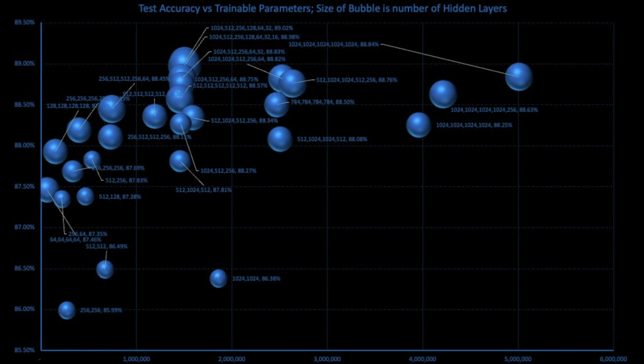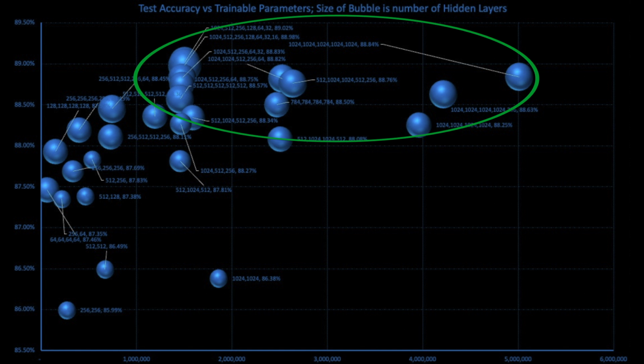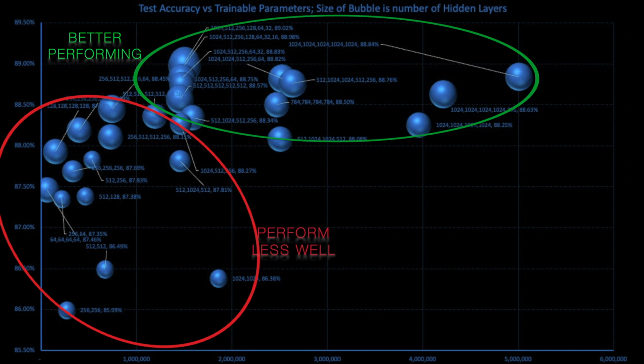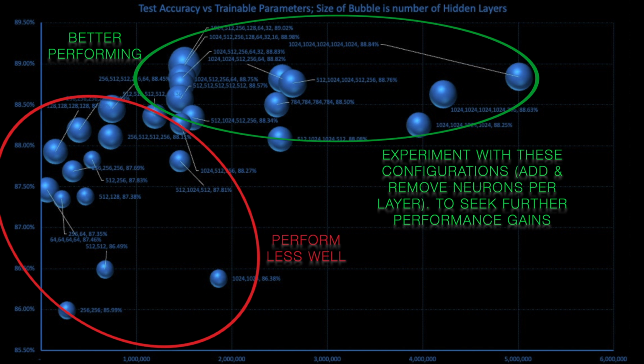So we've trained a bunch of different networks of different shapes and sizes. They have varying levels of accuracy on our test data. We can gain more accuracy still by taking our best performing networks and making small tweaks to the amount of neurons per layer and retraining.